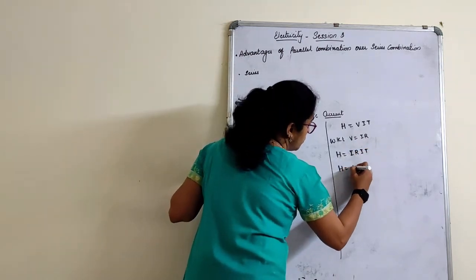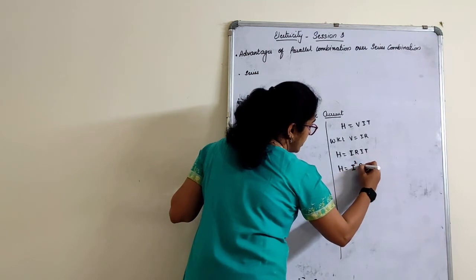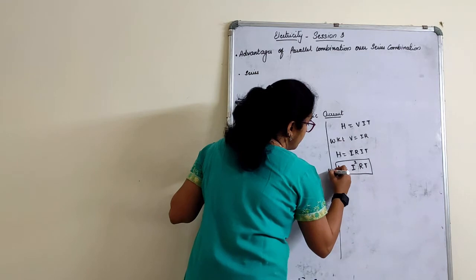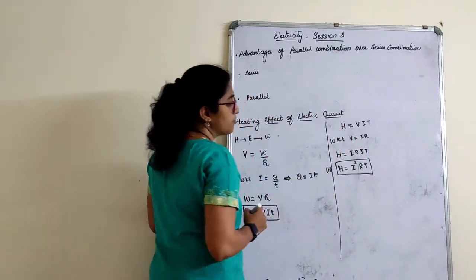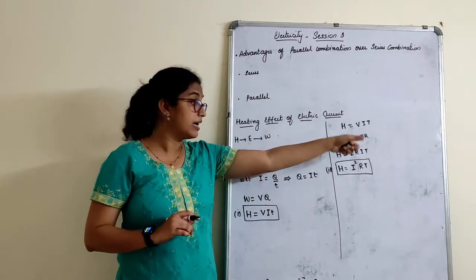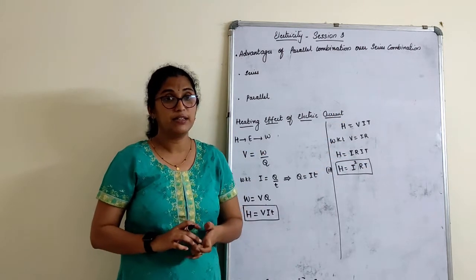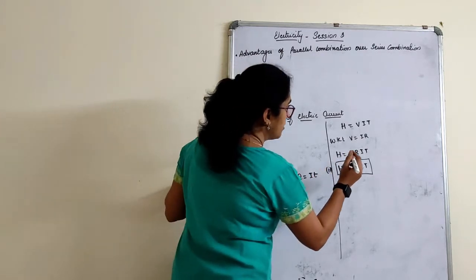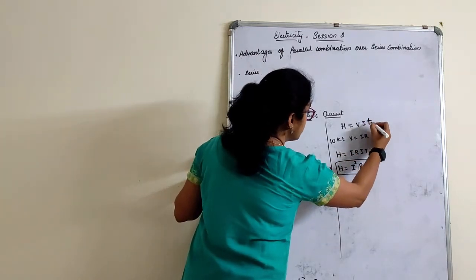So H is equal to I square R T, which is the second formula for heat energy, when current is given, resistance is given and time is given here. You can consider this as time only. I will write this as T.